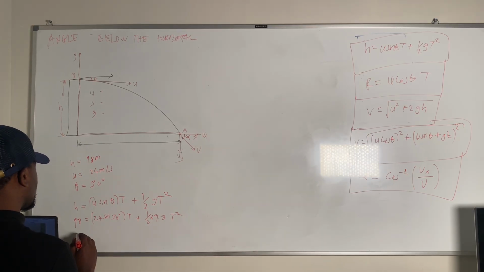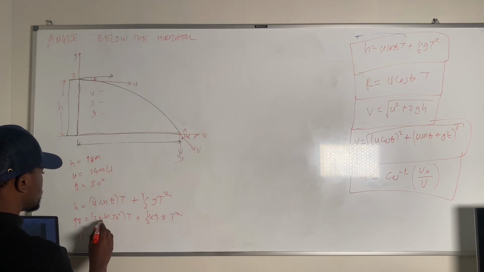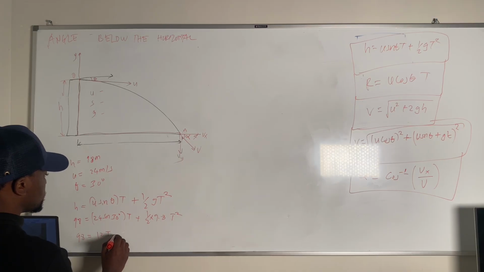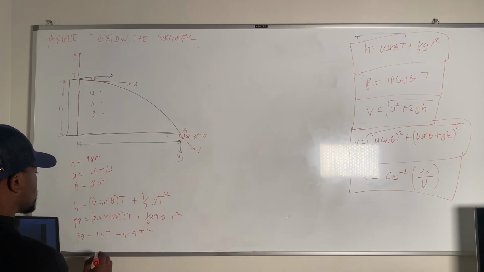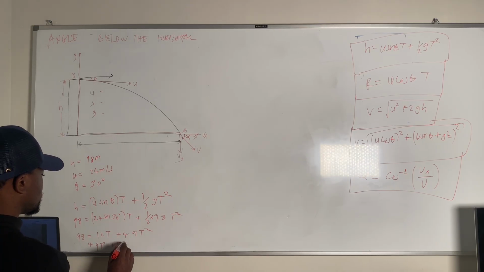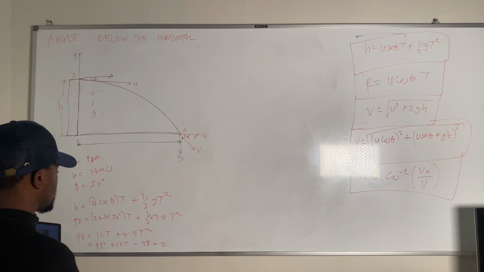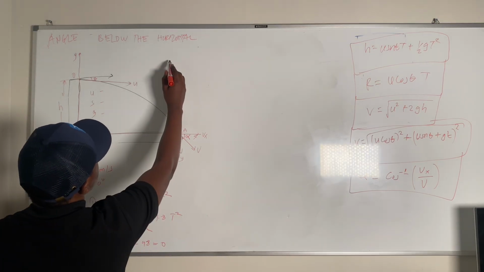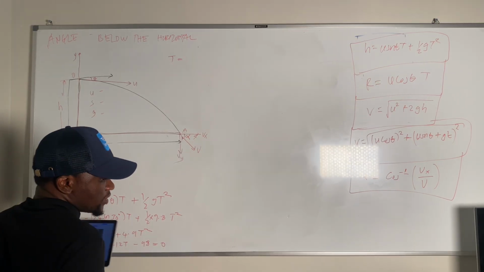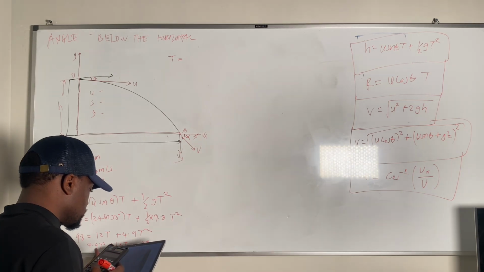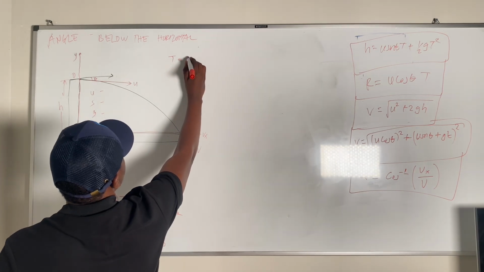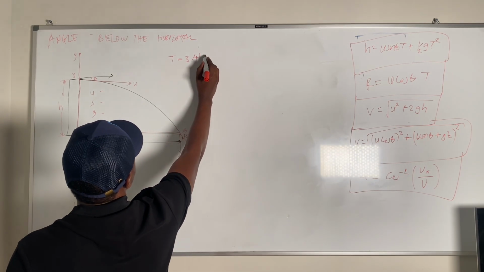So 98 equals 12t plus 4.9 t square, which is equivalent to writing 4.9 t squared plus 12t minus 98 is equal to 0. Solving this quadratically, we end up with t equal to 3.41 seconds.